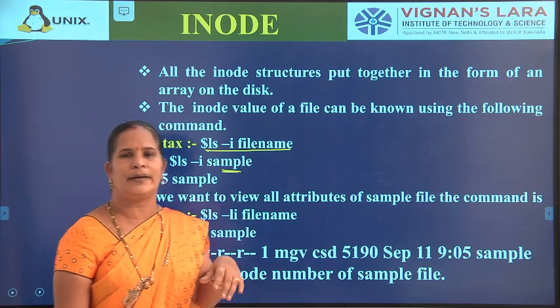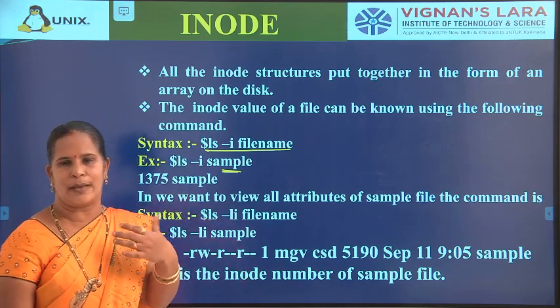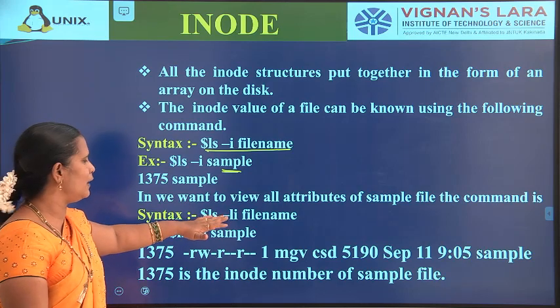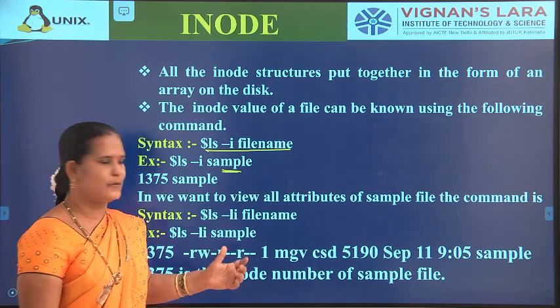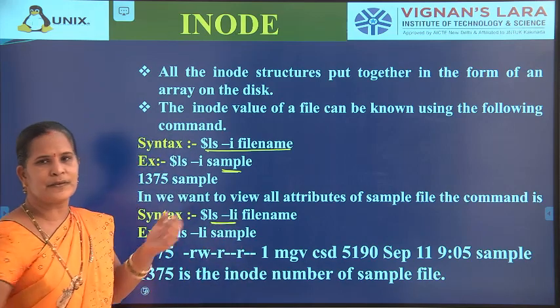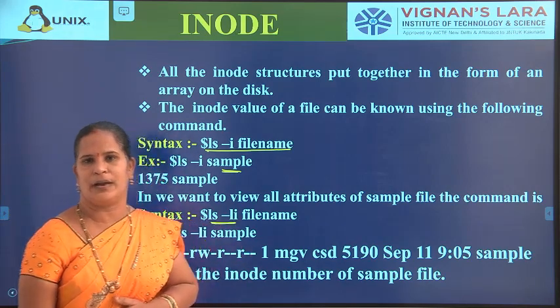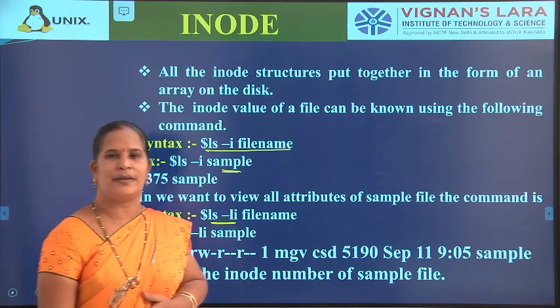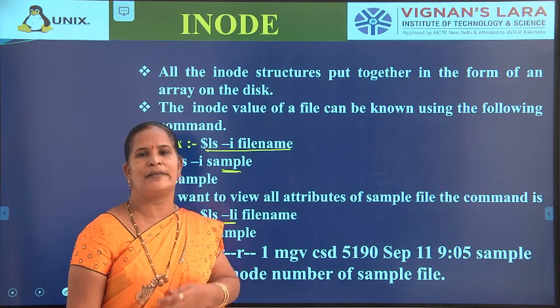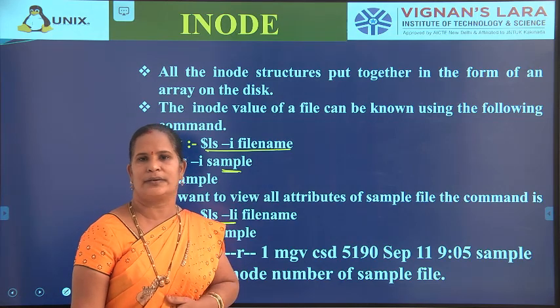In order to view all attributes of the sample file, we have to issue the command ls -li. This is a new command. We already discussed the ls -l command. It displays the attributes of all files available in our current working directory.